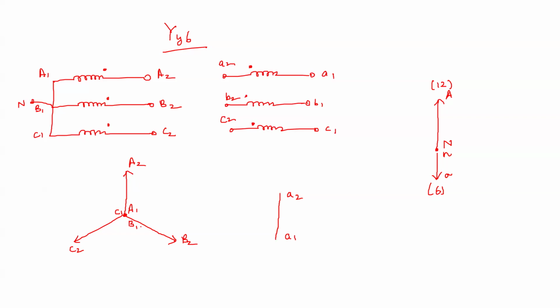Now similarly C1C2 has to be in a similar fashion. So it is something like this. This is in the same direction, parallel to this vector, and this is the location of C2C1. What about this? This B1B2 also has to be parallel to this, and the naming should be like this: B2 on the downward side, B1 on the upward side.